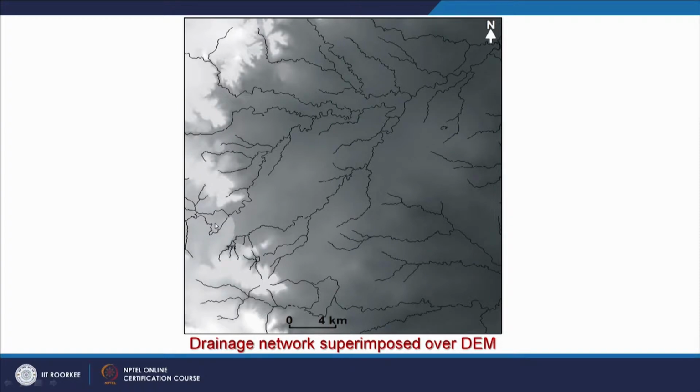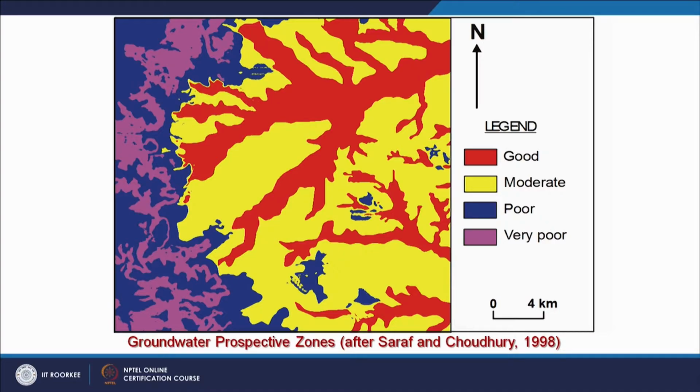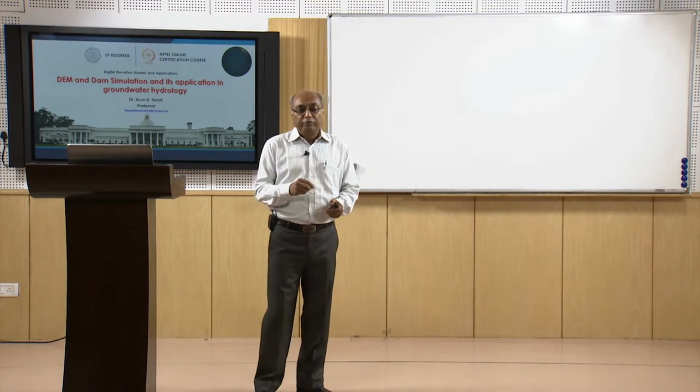As you can see in this digital elevation model also, Sironj Reservoir is located on relatively higher ground than Narain. And of course, it has the drainage network which has been derived from the topographic sheets.